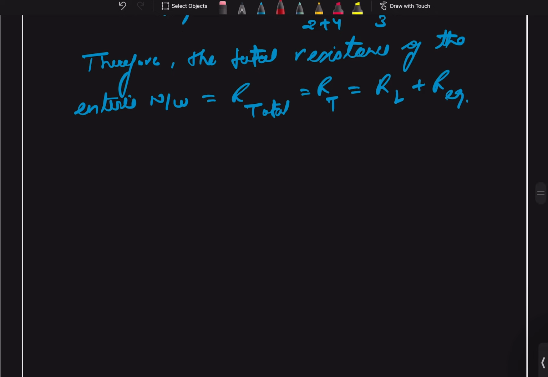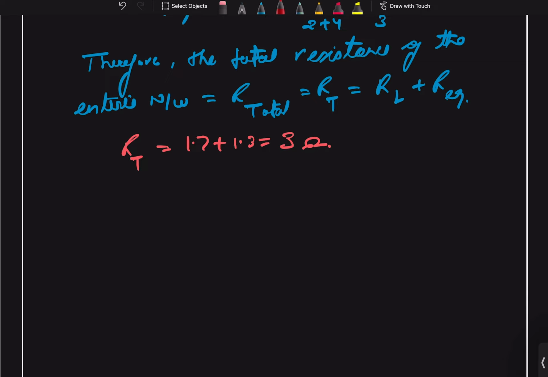We simply substitute the value. Loop resistance is 1.7 and equivalent resistance is 1.3, so this comes as 3 ohm.